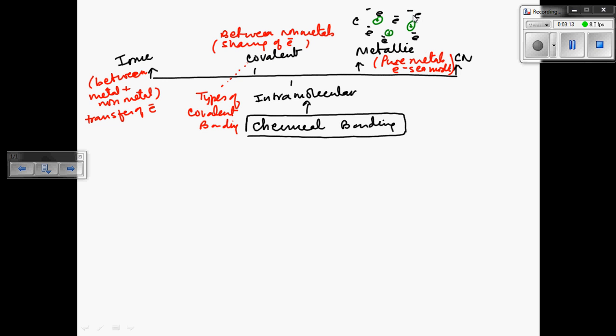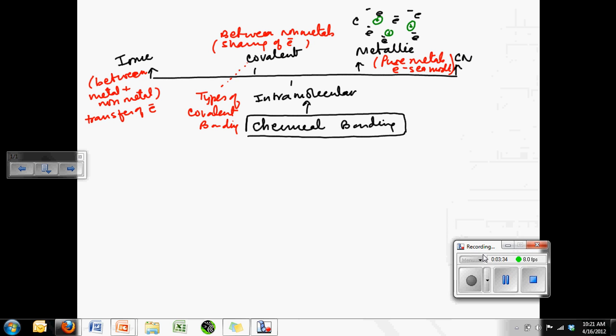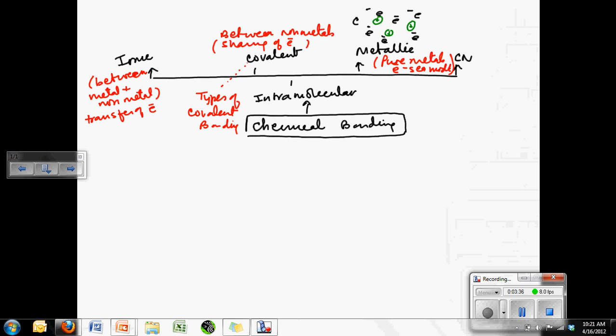And these electrons are called free electrons. And because these electrons are free to move about, the metals are good conductors of electricity. And they are malleable because their orbitals overlap, so if you stretch them or hammer them into a sheet, they can be done.